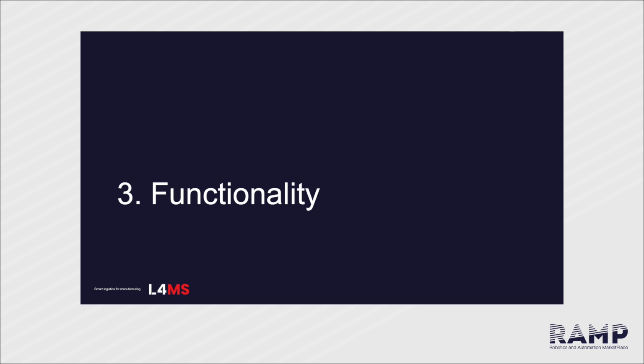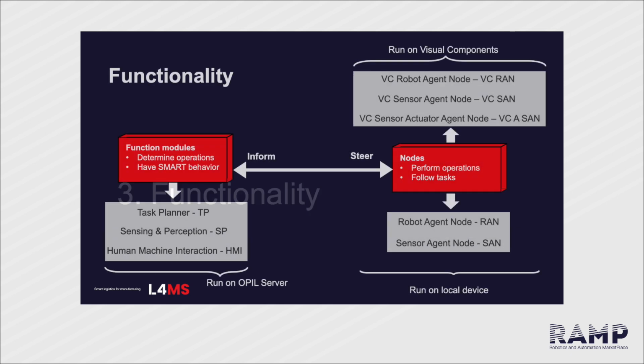Another perspective to examine the Logistics Automation Library is from the view of its functionality. Concerning the functionality of the OPIL library, we can distinguish 2 main functions: steer and inform. On the right, you can see clearly what steering is about.